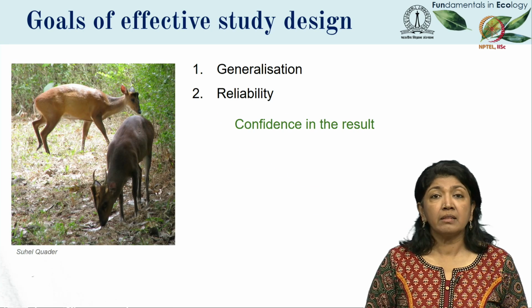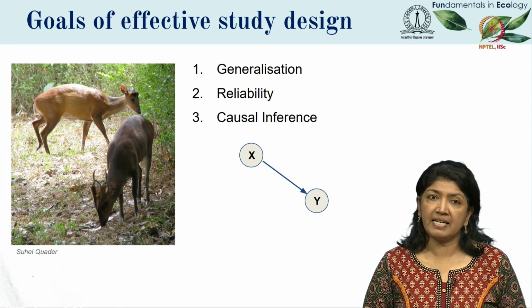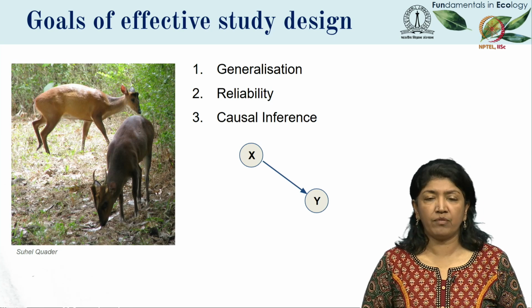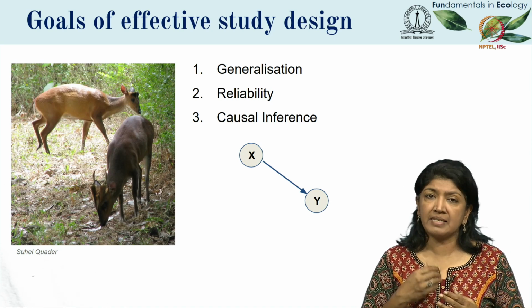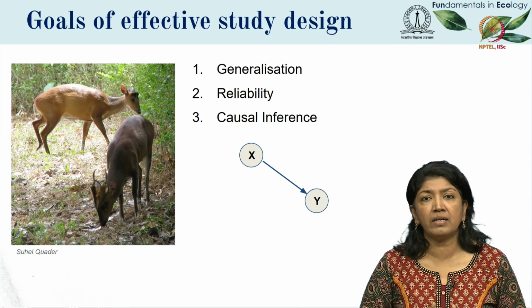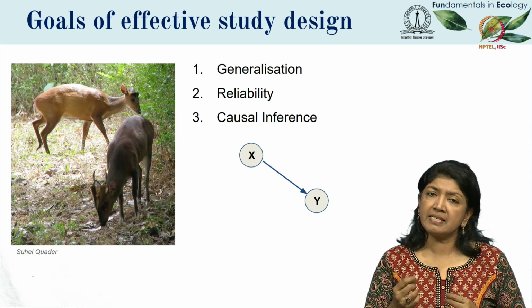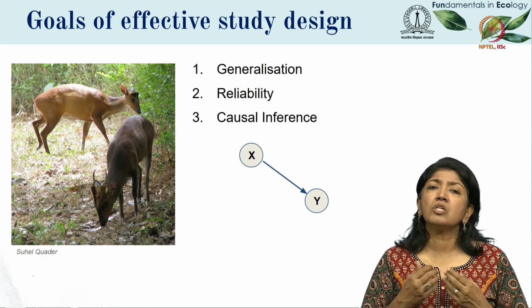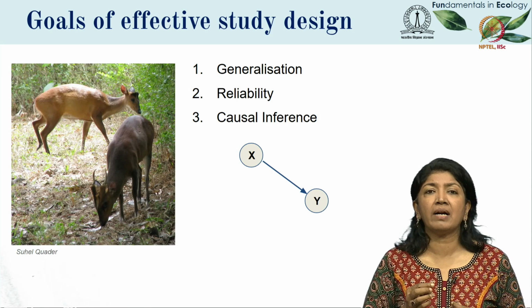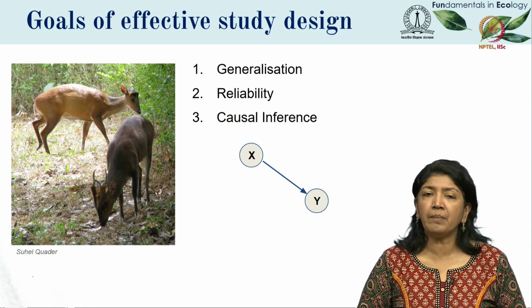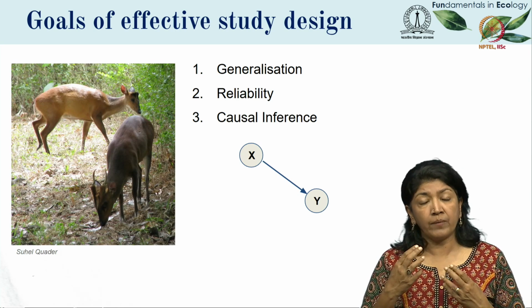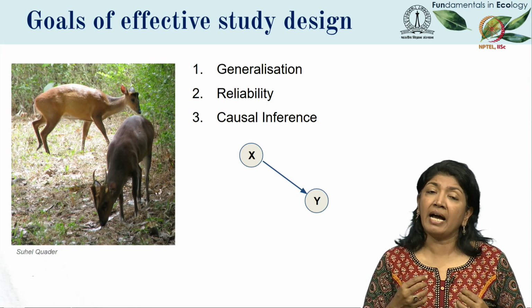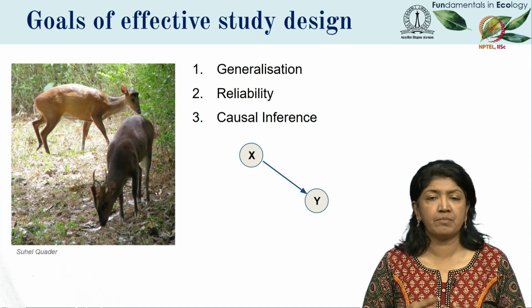A third goal of study design is causal inference. So, typically when we study a phenomenon in ecology, we are not just interested in description, we are also often interested in trying to understand the process underlying a pattern. Now, for strong causal inference, ideally we need to carry out experiments.